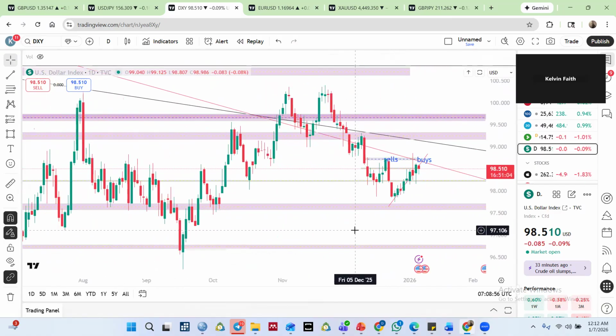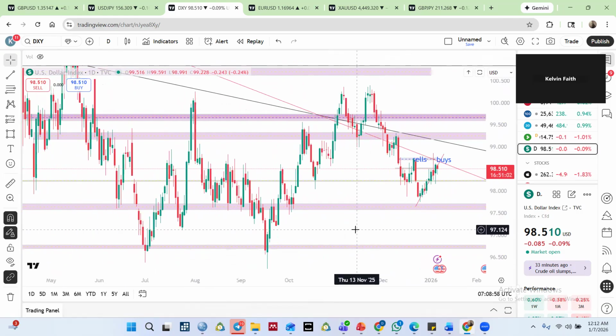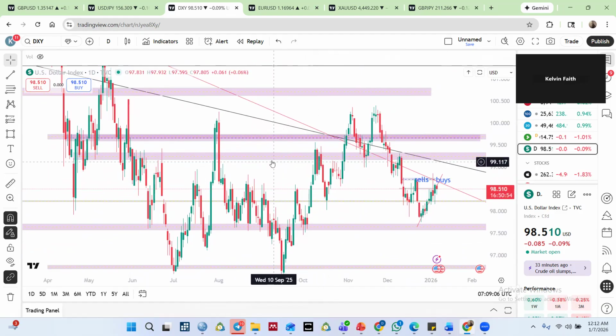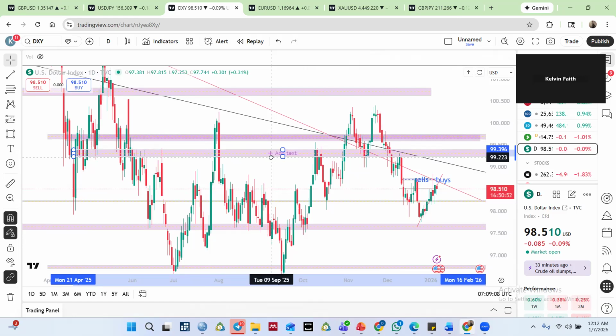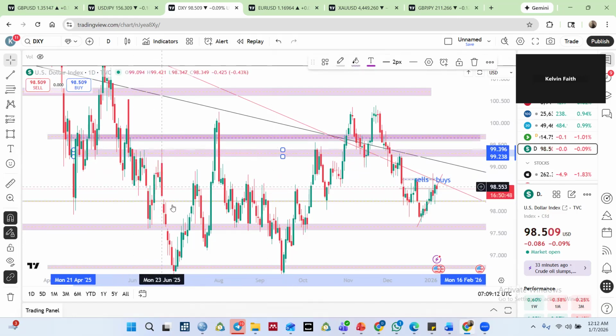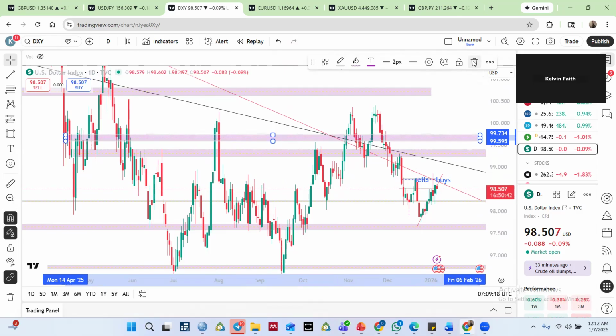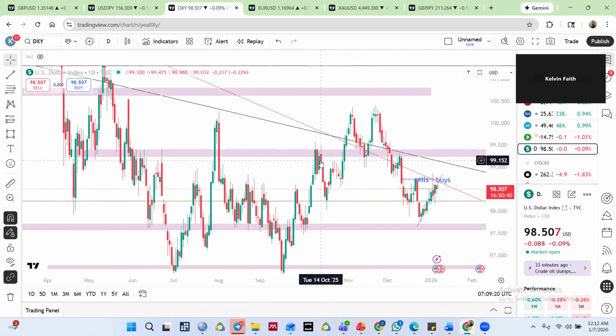From the daily time frame perspective, if we look at the daily time frame, we could see that price has been moving up and enters into a resistance, a support turned resistance. So price pushes into that zone, a support turned resistance.